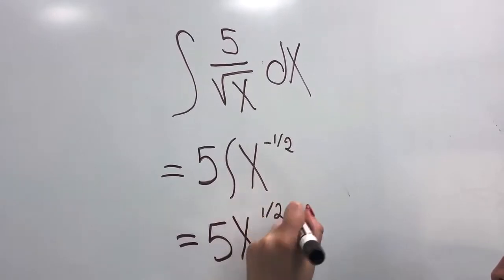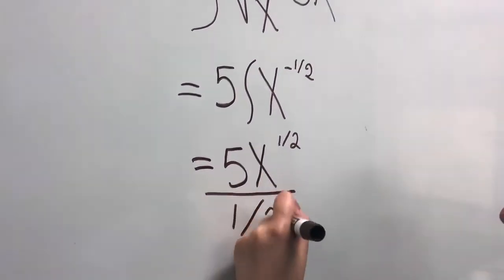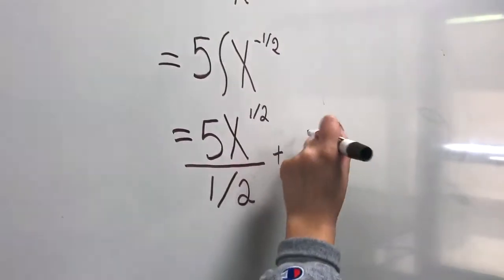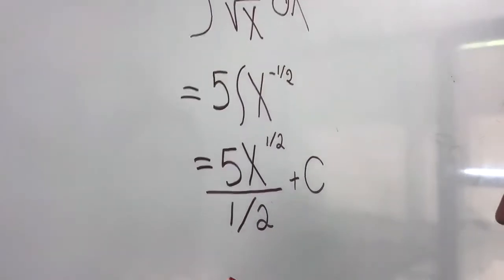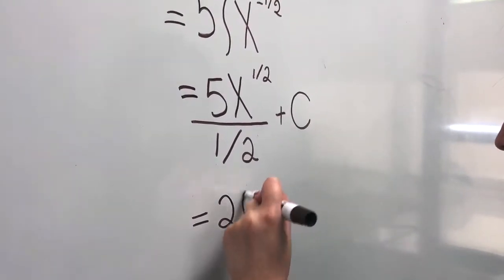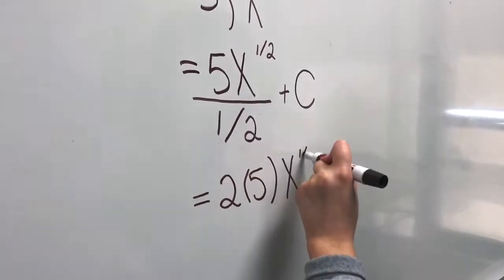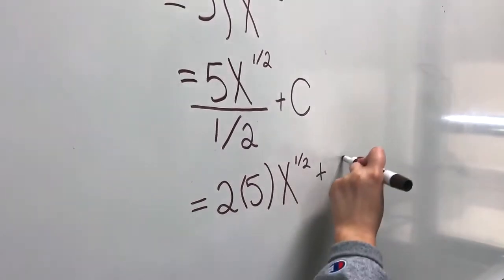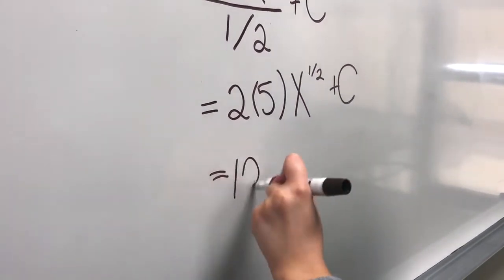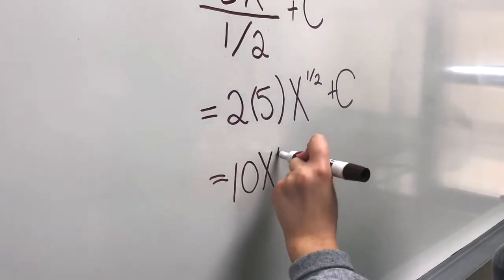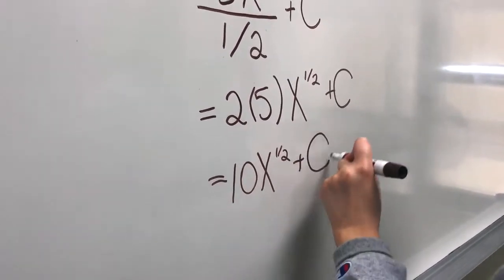So increase the power of x by 1, so we get 5x to the 1/2 power over that power plus c, which can be simplified down to 2 times 5 because we take the reciprocal of the denominator and multiply it by the numerator, x to the 1/2 plus c, which equals 10x to the 1/2 plus c.